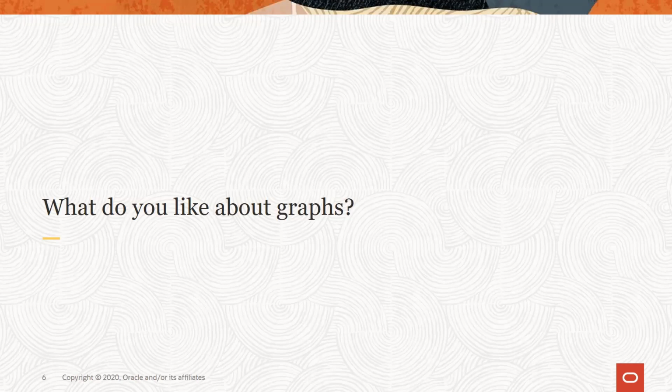You extend things as you go along. You don't have a fixed schema. I think that is interesting, but that's more on the property graph side. With your focus on RDF knowledge graphs, what is it that you like about these types of graphs?